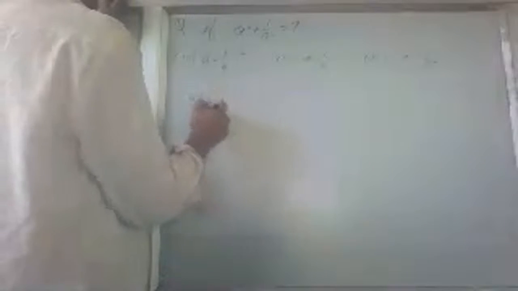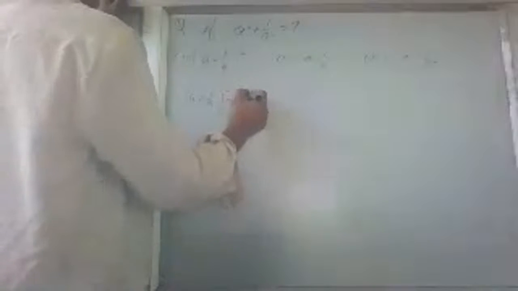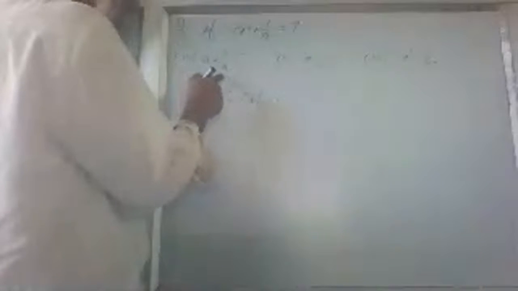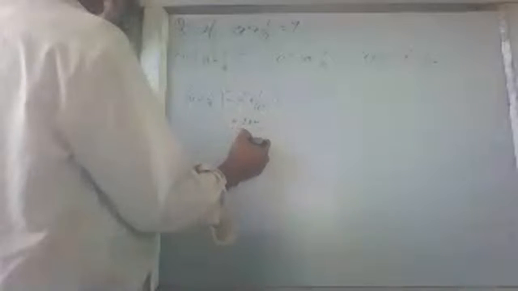A plus 1 upon a whole square is a square plus 1 upon a square plus 2. We have to find only this. This is given as 7, so 7 plus 2 is equal to 9. First answer.